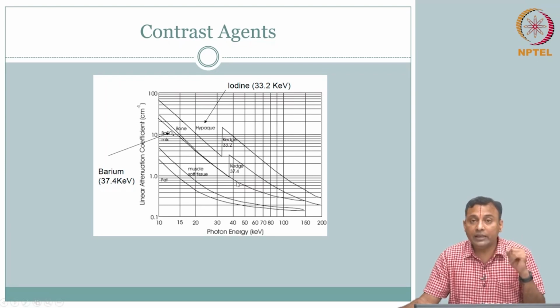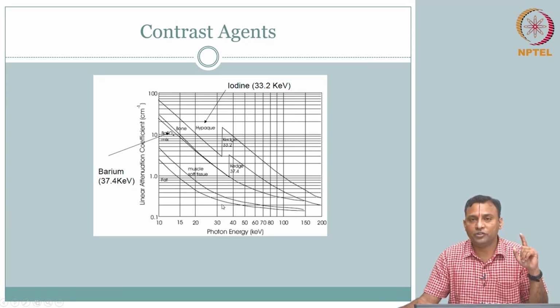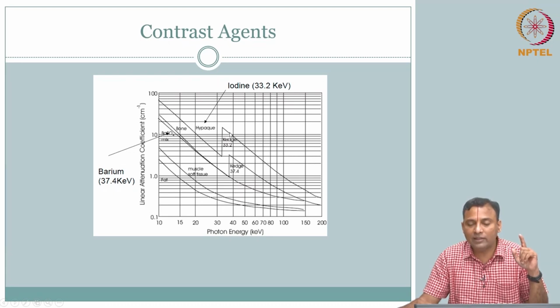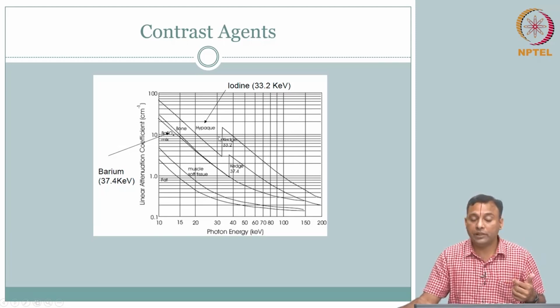Clearly you can see what this helps. Suddenly the attenuation coefficient of the material that you introduce is way different from the other soft materials, bone, muscle or fat. So if there is inherent contrast between the material that you have engineered, which has a K edge that pushes the attenuation coefficient high, and the native soft tissue, the difference between their attenuation coefficients is increased.